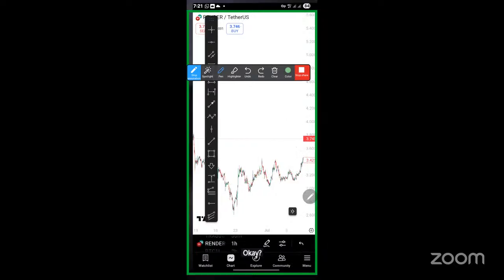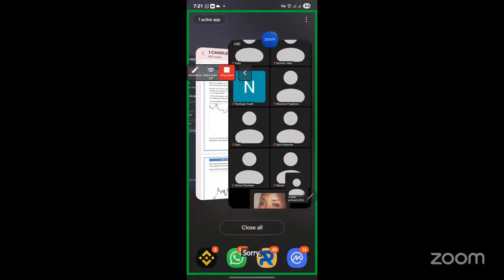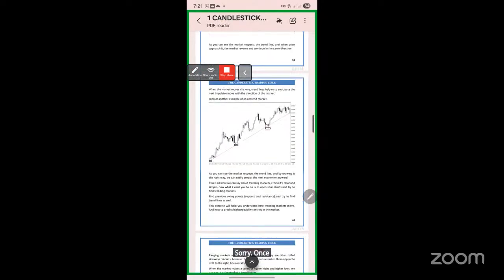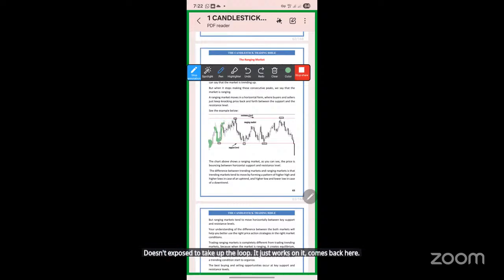Once you see a market like this, you can see the market tapped here, comes here, it fails to take out the low. It just wicks on it, comes back here, doesn't tap the upper line, stops here, comes here and taps here. It comes back and taps this line. When it comes back, it doesn't break this.